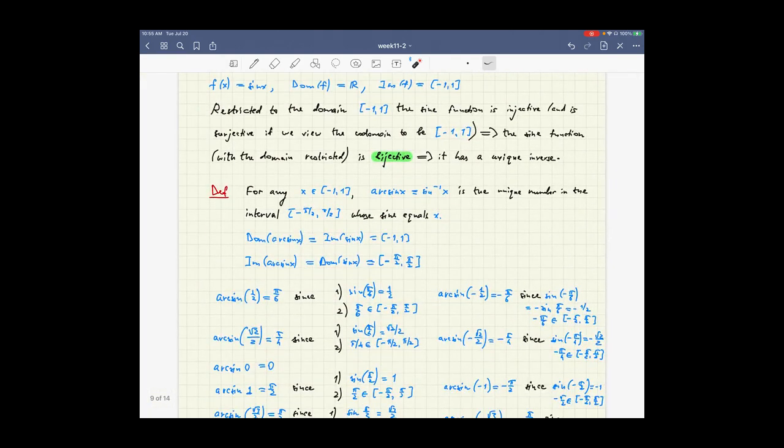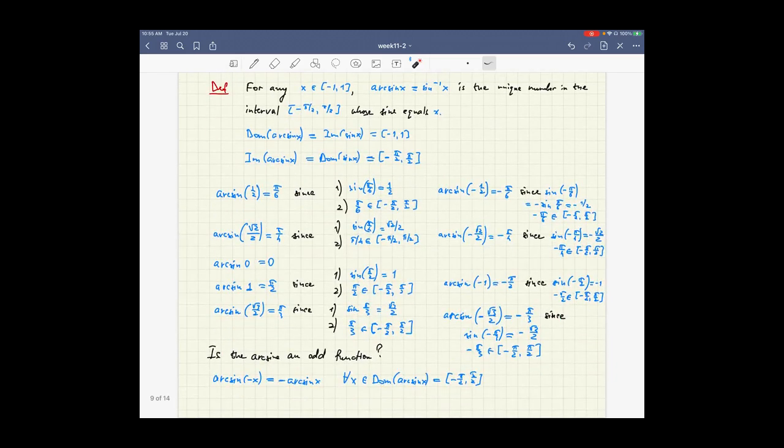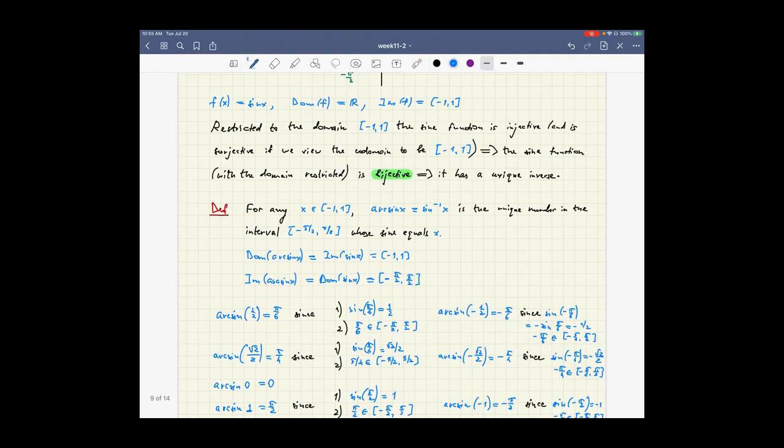We did say it here, although maybe I should say it more explicitly: sine of arc sine of x equals x, and arc sine of sine of x equals x.